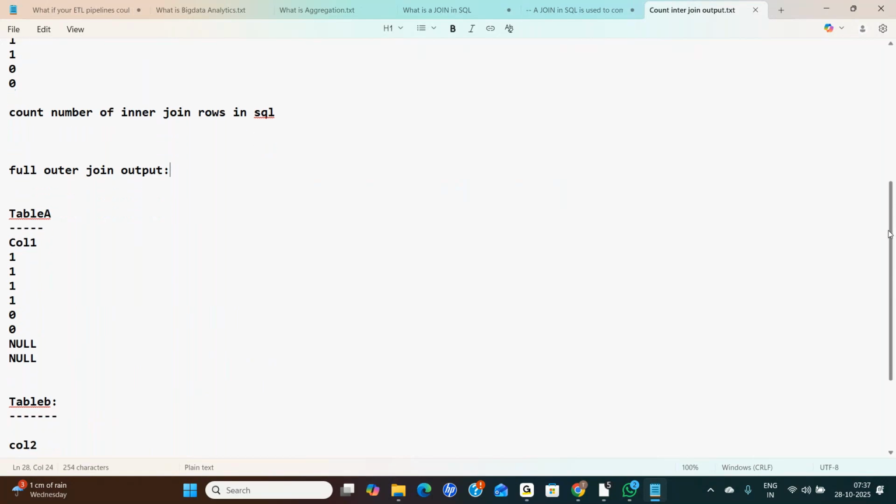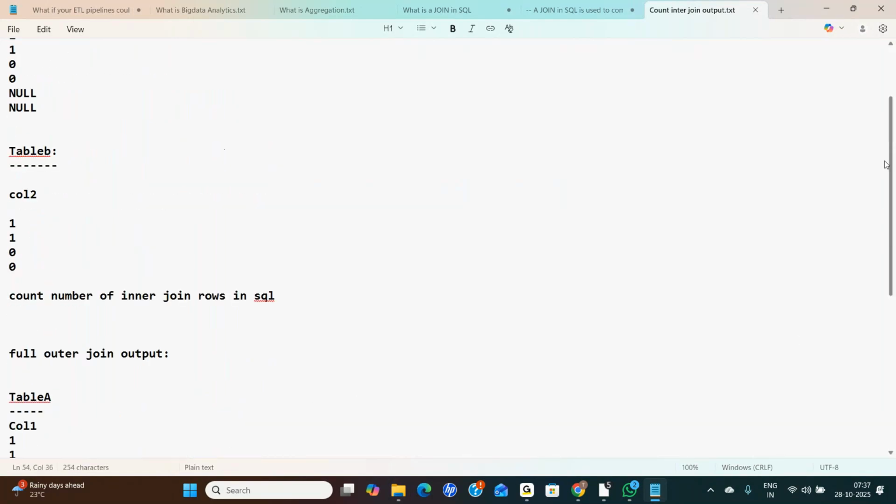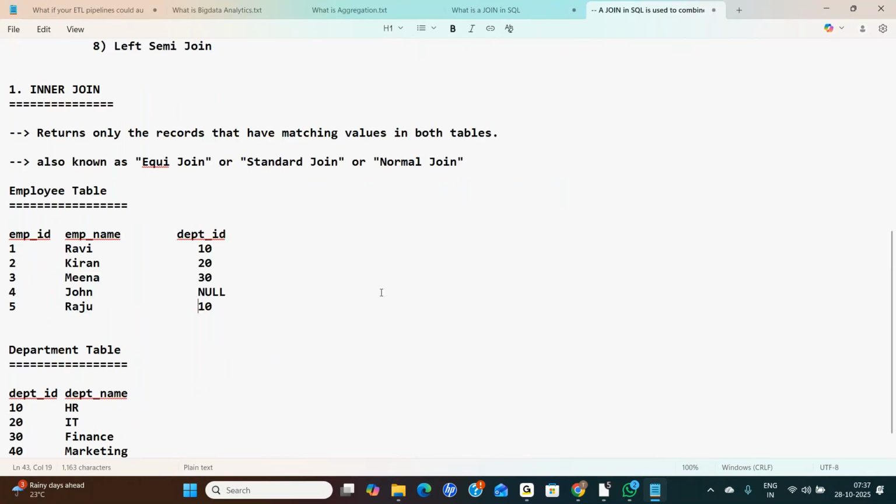They give just less than a minute. Count the number of rows in full outer join, count the number of rows in inner join. This is a very common question. These are all entry questions I'll share with you. There is no guarantee that the same questions will come every time, but at least we know those patterns, and we can prepare further in a better way.